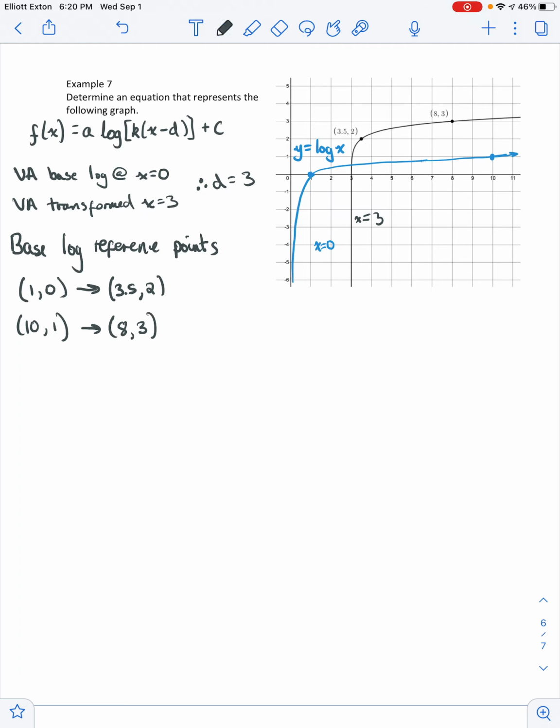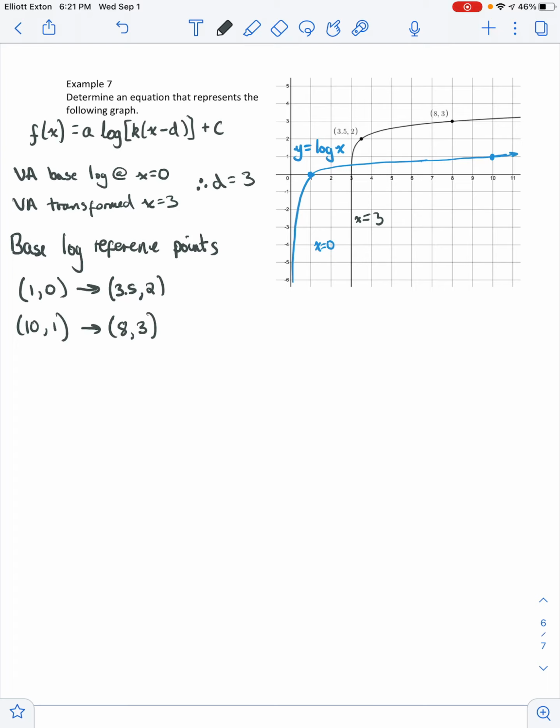The mapping rule tells us, if I have a transformed function, how do I map the transformed values from the base values? You can see it from the equation for the transformed graph, like in a log k x minus d plus c. You can see what variables within the transformation of a log function are affecting the x value and what are affecting the y output.